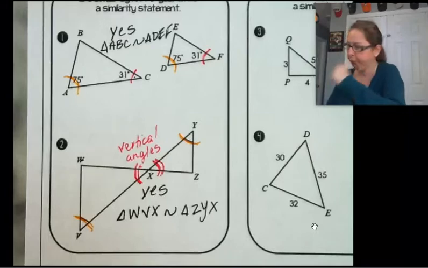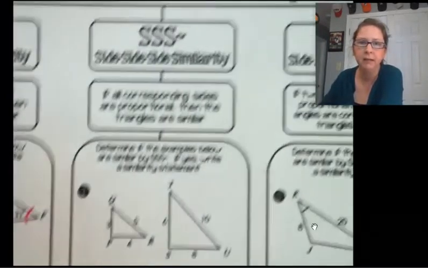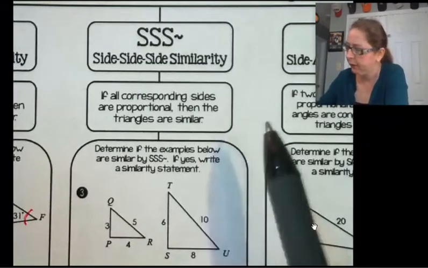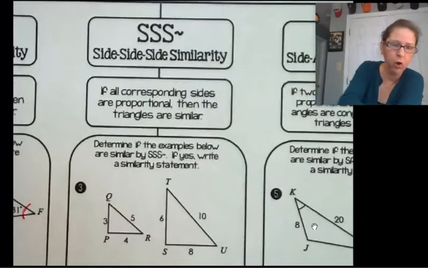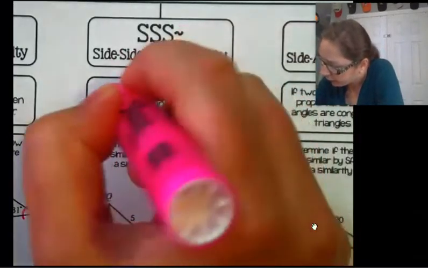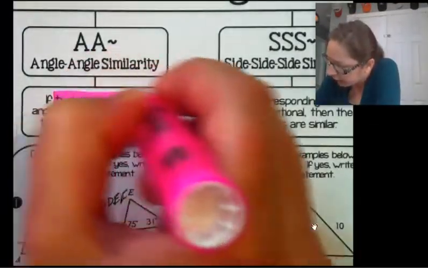All right, let's take a look at some examples for our side similarity. If all corresponding sides. So let me come here and highlight, if two corresponding angles.